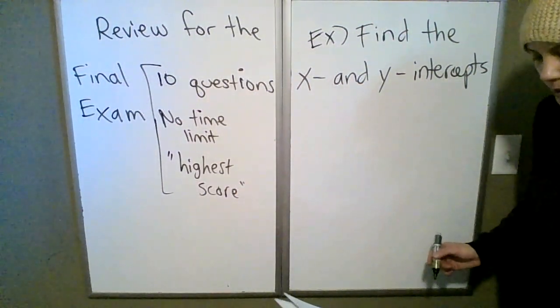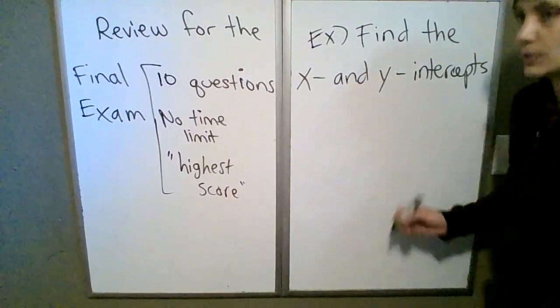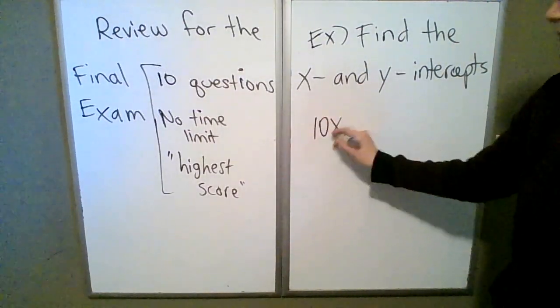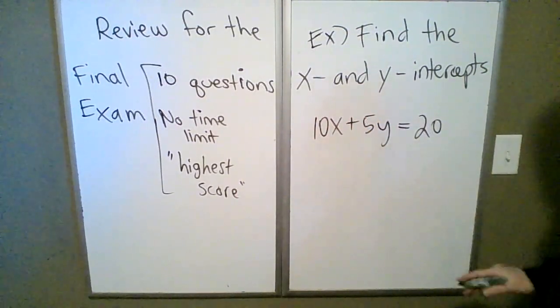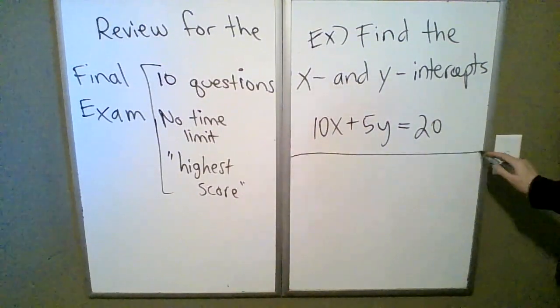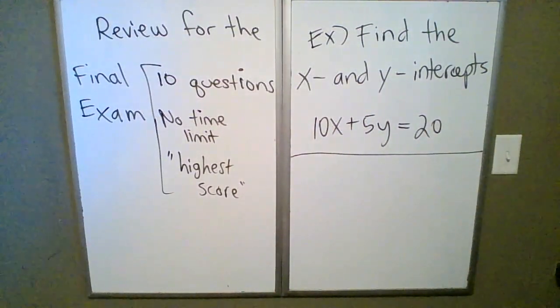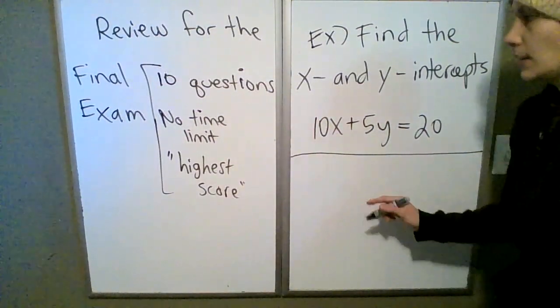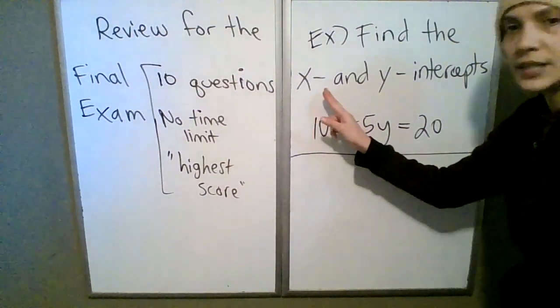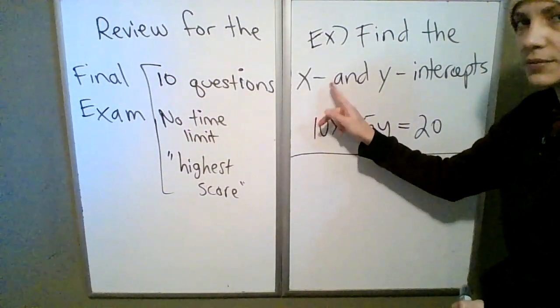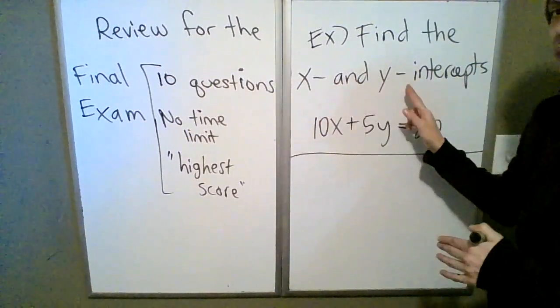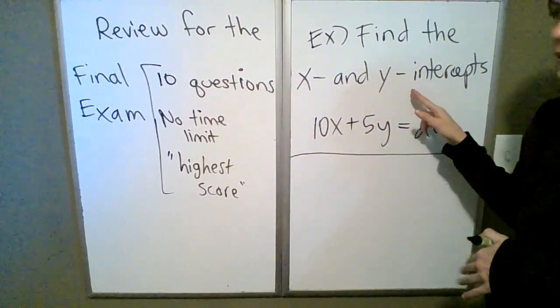And then the equation is 10x plus 5y equal to 20. So you're getting 2 points, a point where you find some x value and the y value is 0. And here, this point has an x value of 0, and then you get the y.